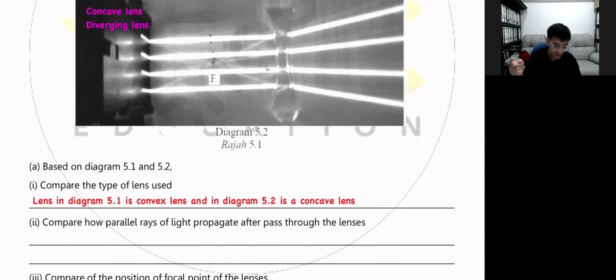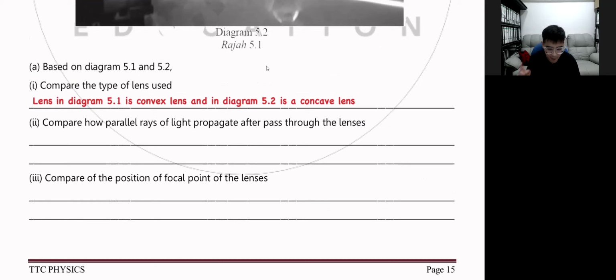In question A2, the question asks you to compare how the parallel light rays propagate after they pass through the lens. Propagate means travel. So how do the light rays travel after passing through the lens in diagram 5.1 and 5.2? In diagram 5.1, just now we said the light rays converge. It's better if you can use the word converge.